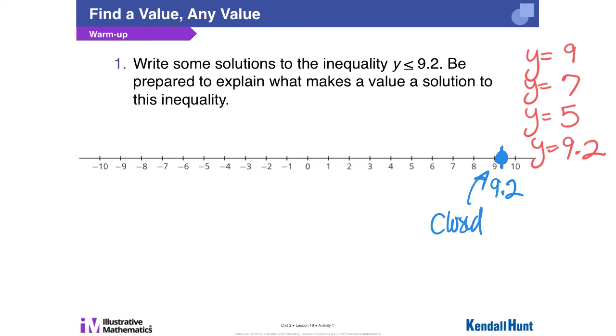And that's because less than or equal to is the important piece right there. And our solutions are everything less than that. And so I'm going to draw an arrow going less than that, showing that every single number on the number line, all the decimals, all the fractions, everything in here is included in that solution of being less than or equal to 9.2.